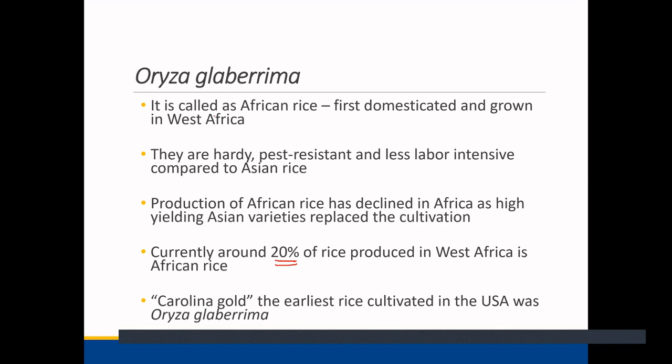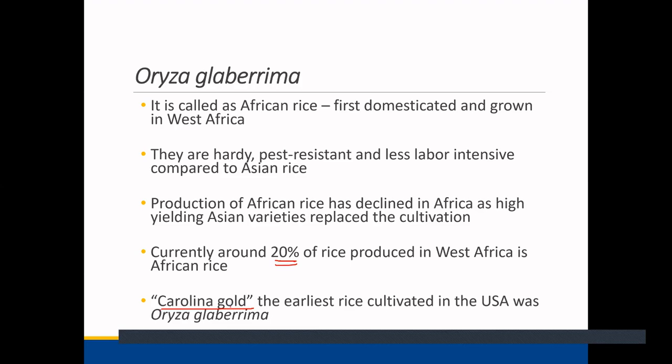And another important thing about this particular species: there's a variety called Carolina Gold. This is the earliest introduced and cultivated variety in the United States, and it belongs to this species. Why they called it Carolina Gold is that the earliest production in the United States started in the Carolinas.